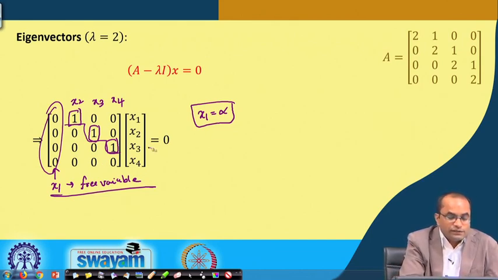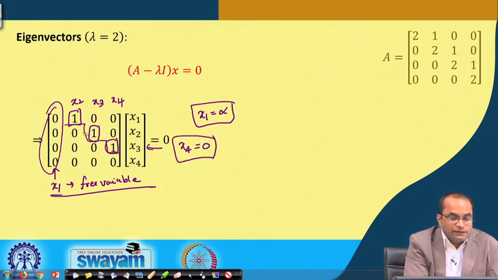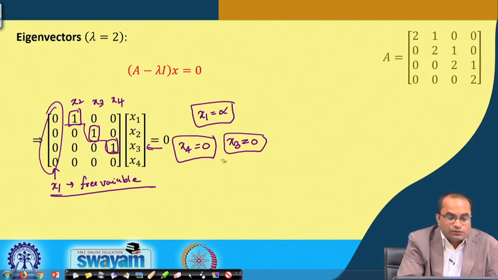From the third equation we are getting x 4 is equal to 0, so no dependency on alpha indeed. From the second equation we are getting x 3 is equal to 0, and from the first equation we are getting x 2 is equal to 0.